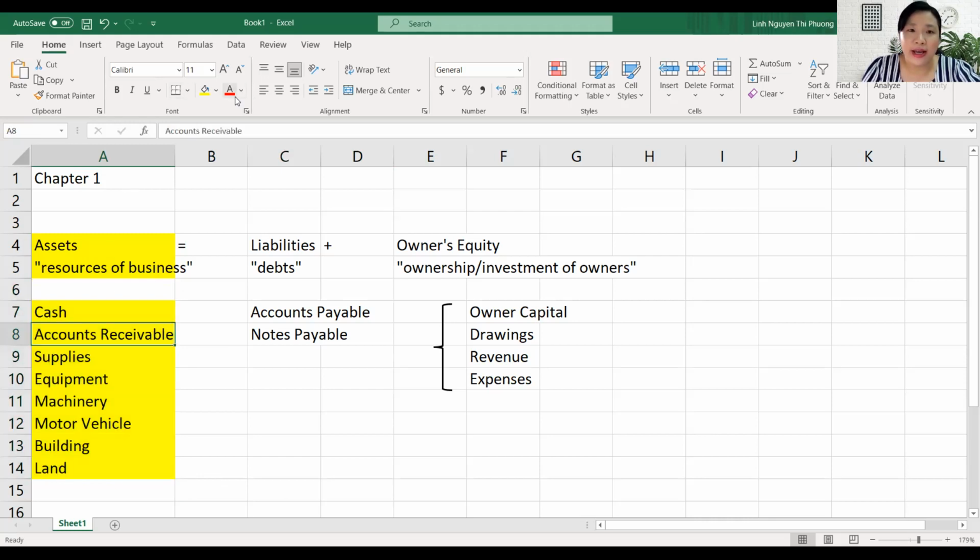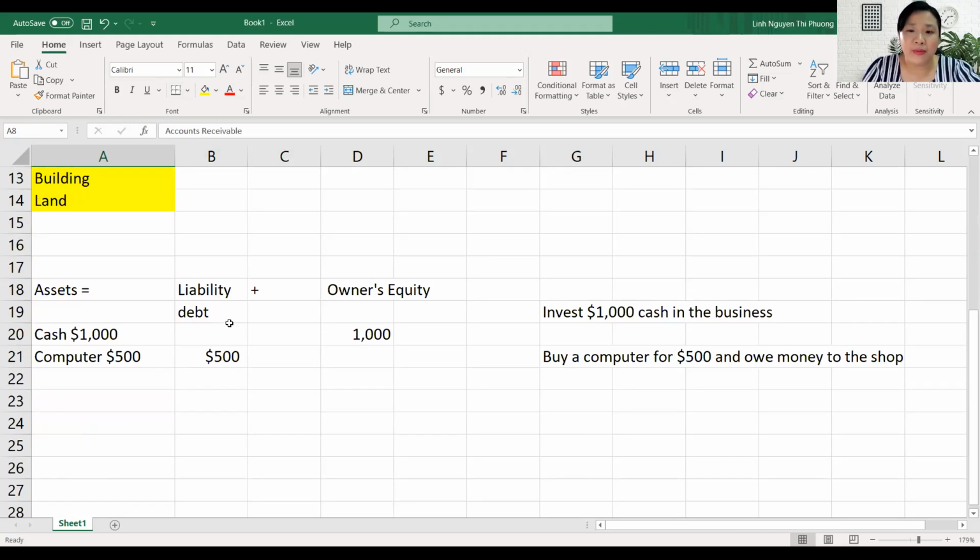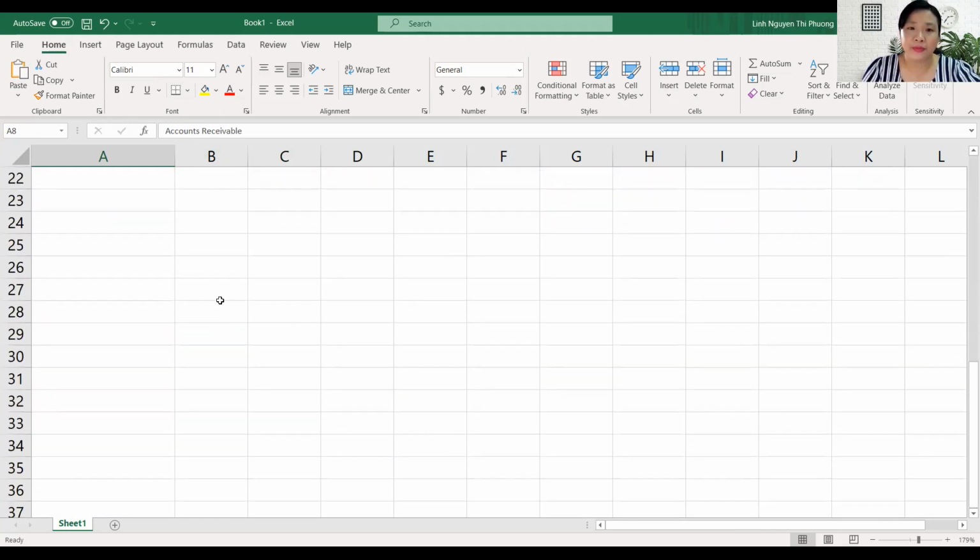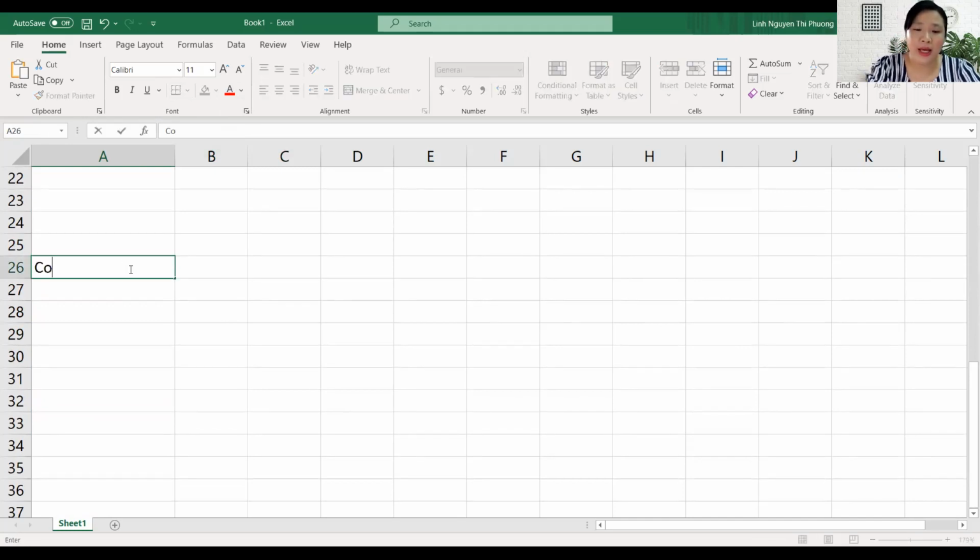Now let's look at account receivable. What does it mean by account receivable? Okay, for example, company A purchase, let's say it's a bookstore, okay?